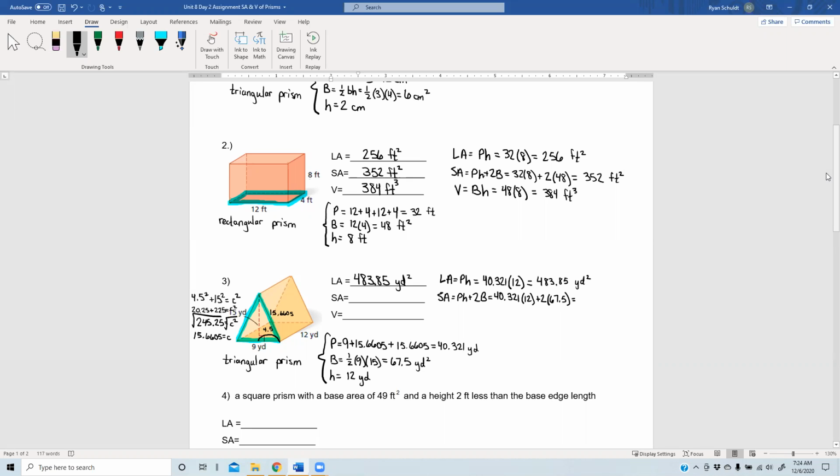Again, we want to round to 2 decimal places. So this is going to be 618.85 yards squared.